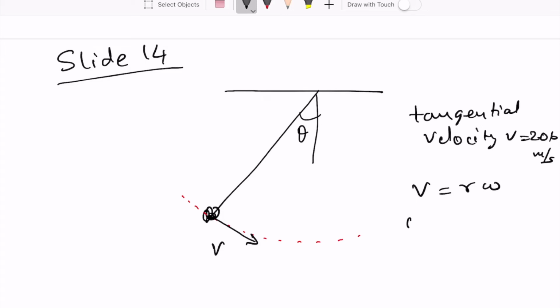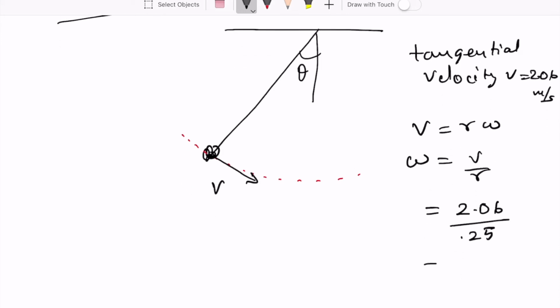So omega is equal to V divided by R, which you can easily calculate. It's 2.06 divided by R, the length of the thread, which is 0.25. So that's going to be, if I did my calculations correctly, 8.23 radians per second.